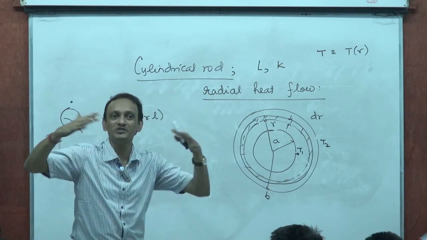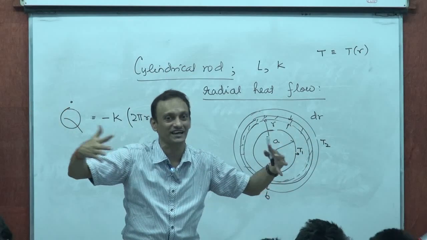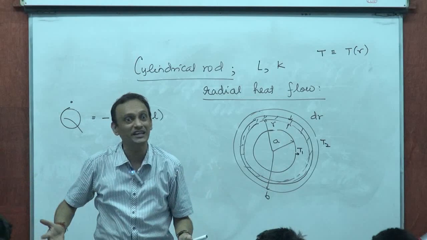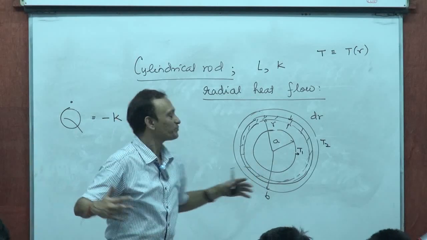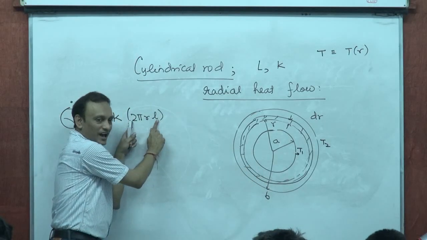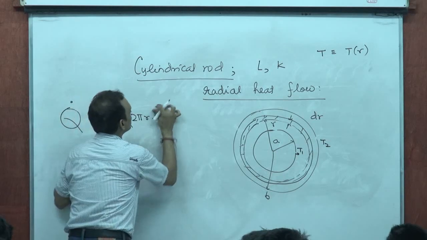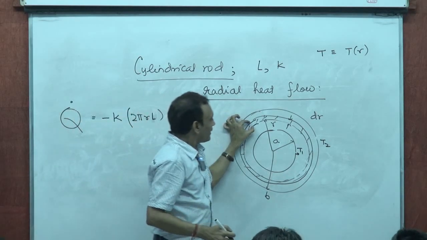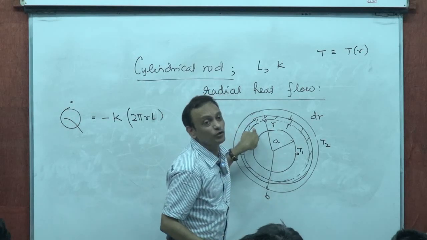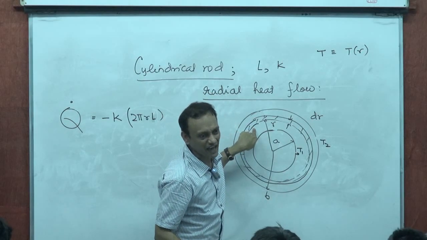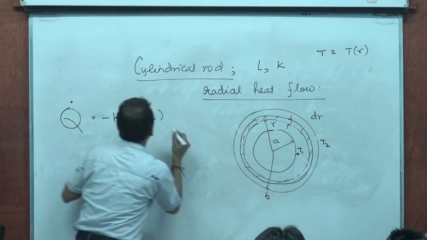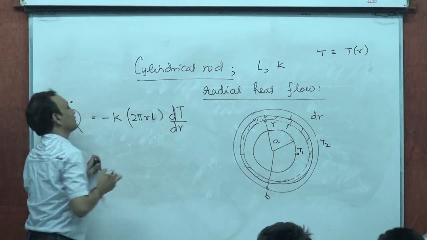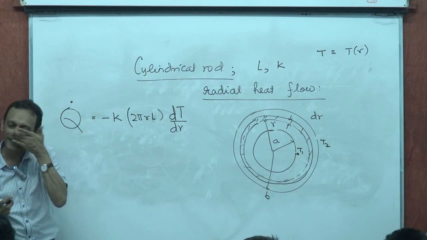And you can also associate cylindrical wavefronts with this. As the current is passing radially outwards, you can imagine this to be cylindrical wavefronts, right? So 2 pi rl, L is the length of the cylinder, k A, and then the temperature gradient at R would be dT dr. Yes or no?